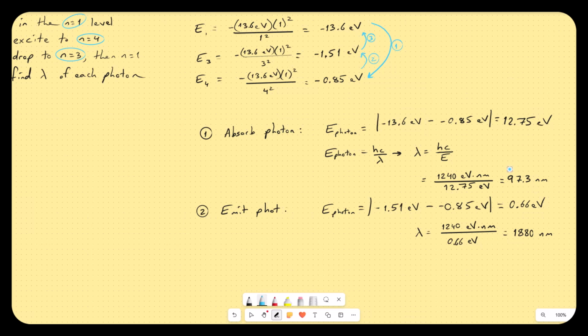This is too high energy, so this is not visible, because it's too far ultraviolet. This one's not visible because it's too far in the opposite direction.